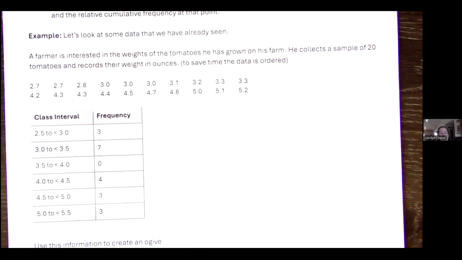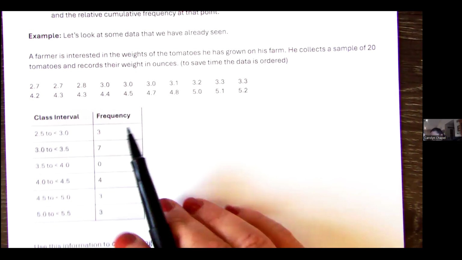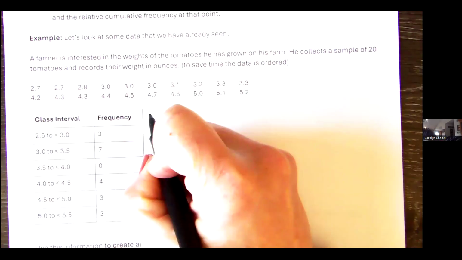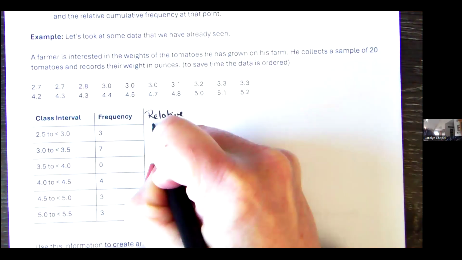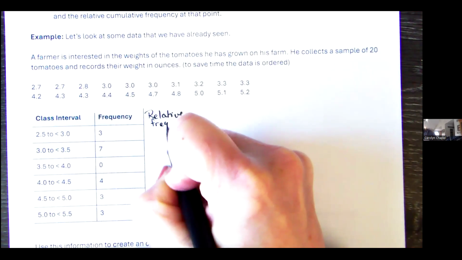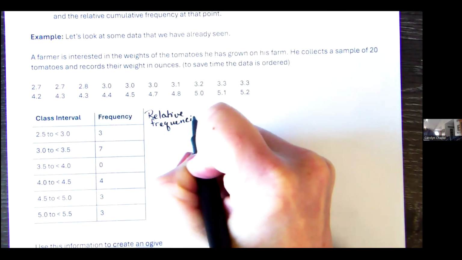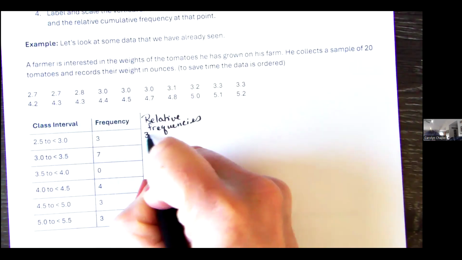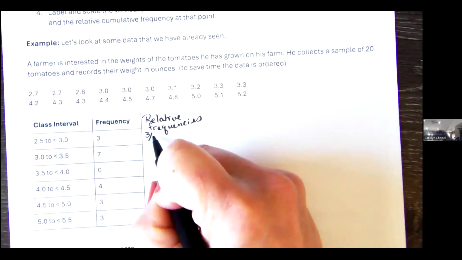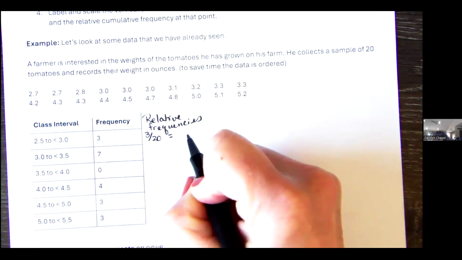So there's our tomato data, and here's our frequencies. I'm also going to put in my column here and create the relative frequencies. So as we mentioned before, to calculate those relative frequencies, we take that frequency and divide it by our total.